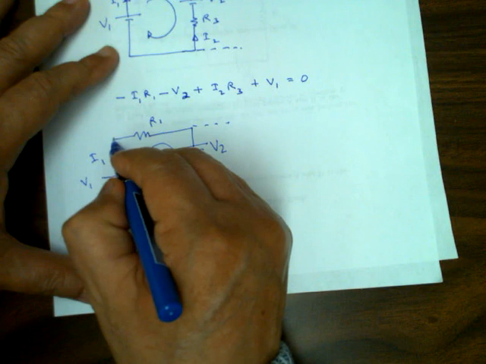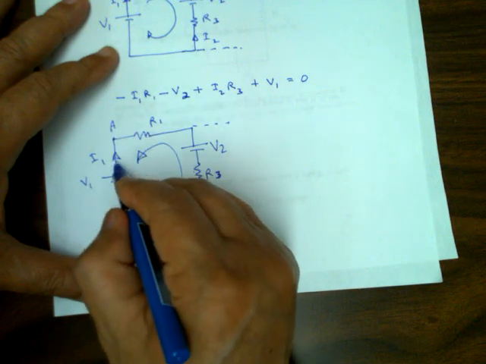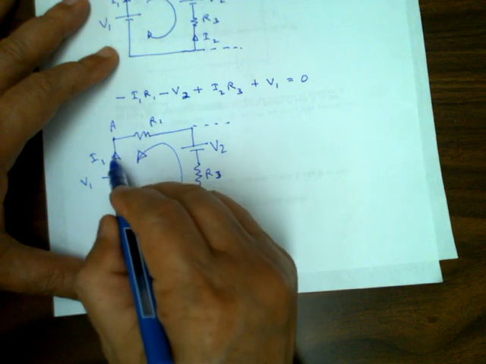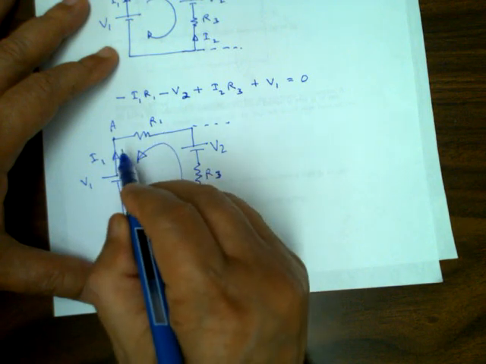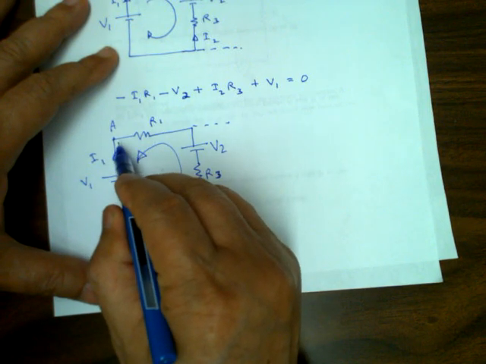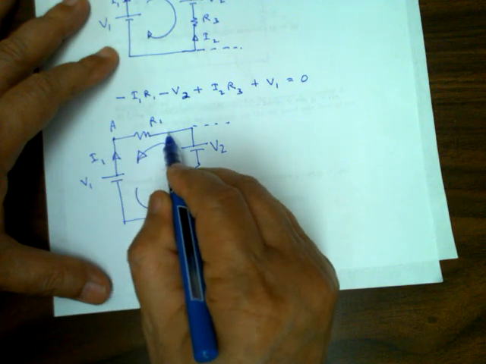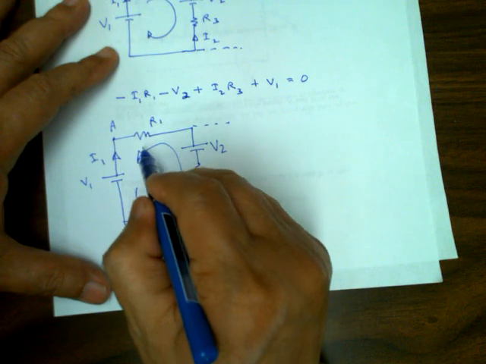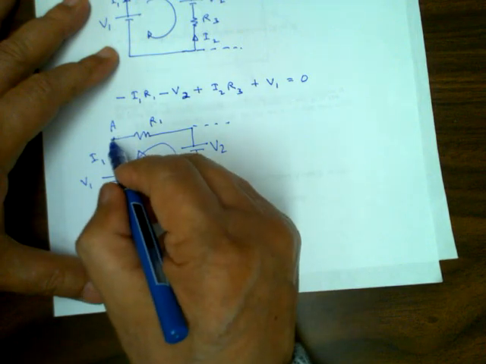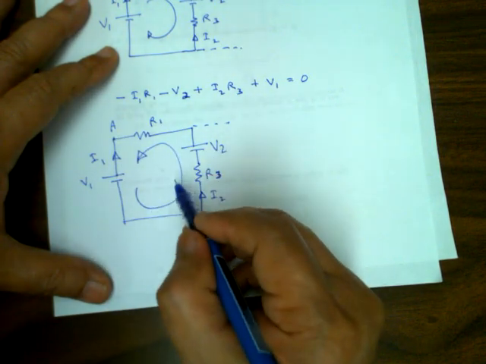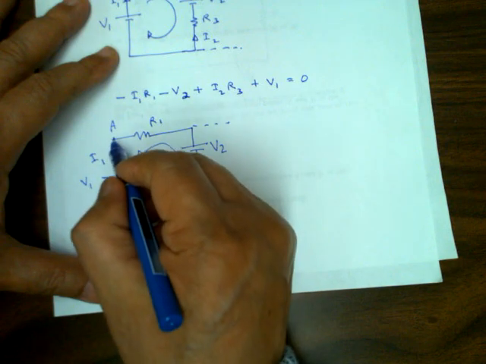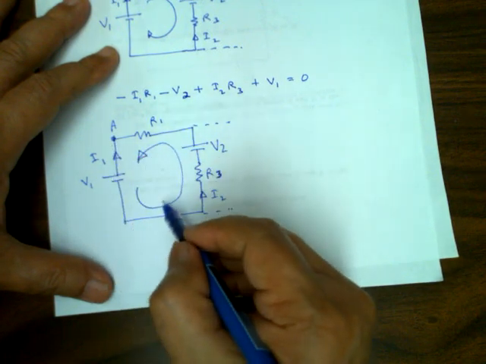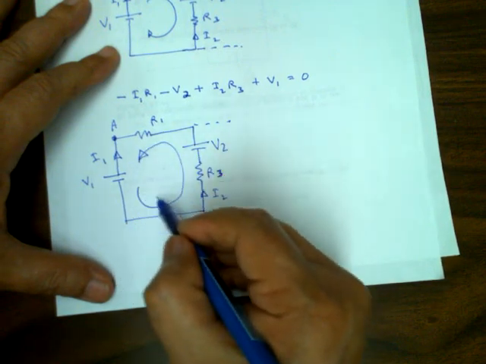Well, start from point A again. I go like this. Now this time the direction of the current is to the right, but you are traversing backwards, you see. So instead of going towards R1, I should be going down. So I start from A, I'm going downwards now, because I am traversing counterclockwise.